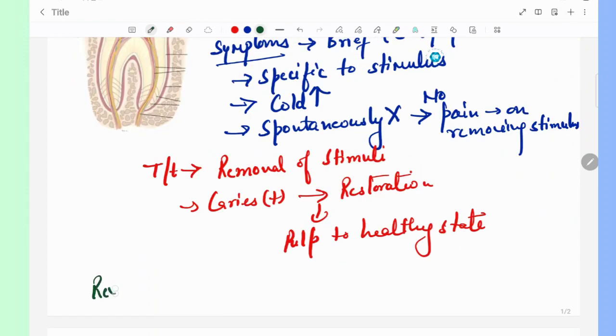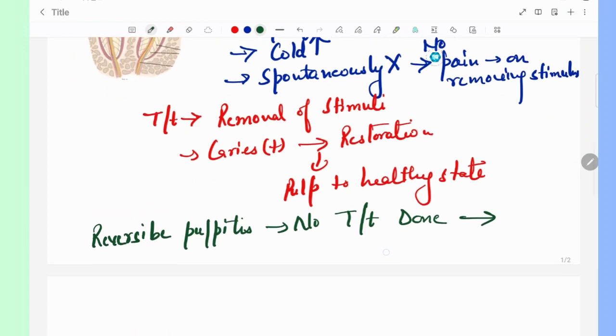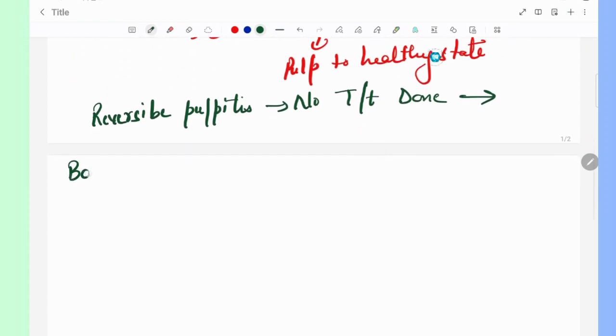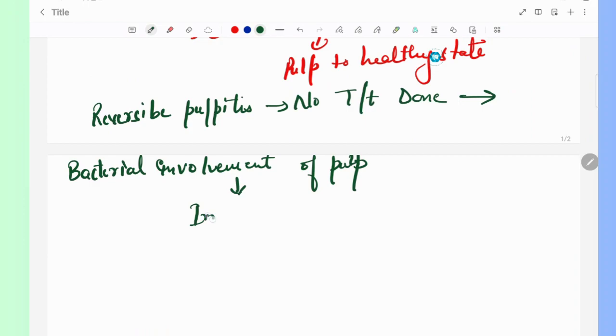If the reversible pulpitis is not treated, it will result in the bacterial involvement of the pulp, which will result in the irreversible pulpitis.